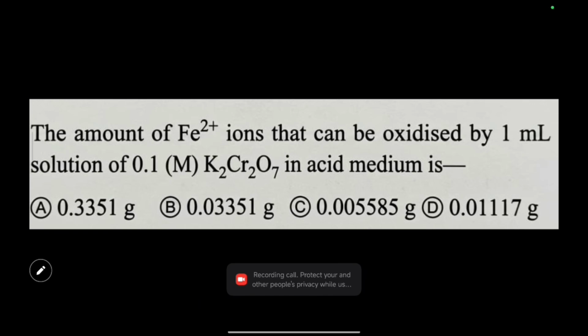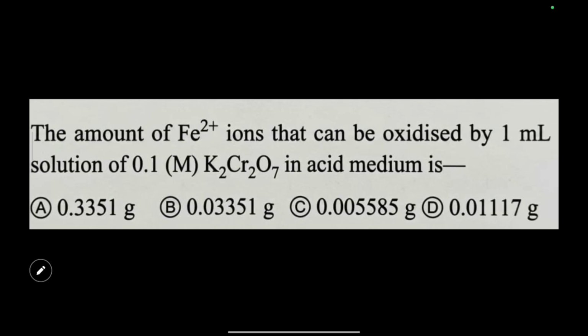Now your next question is almost 99% similar to the first question. But the previous question asked you to calculate for ferrous sulfate, while this question is about only the ferrous ion, Fe2 plus. So read the question first.